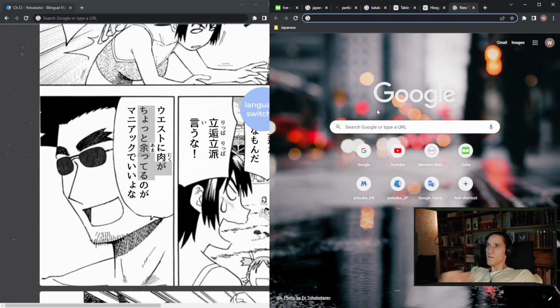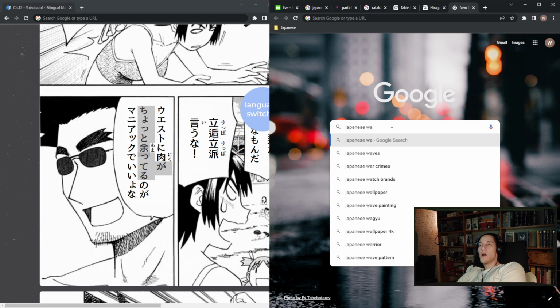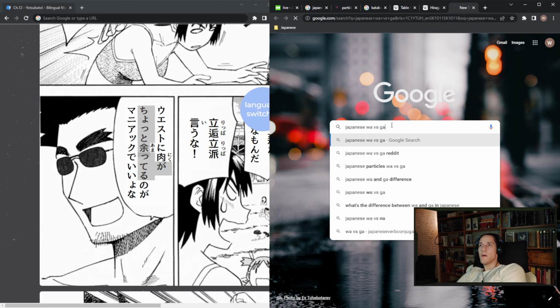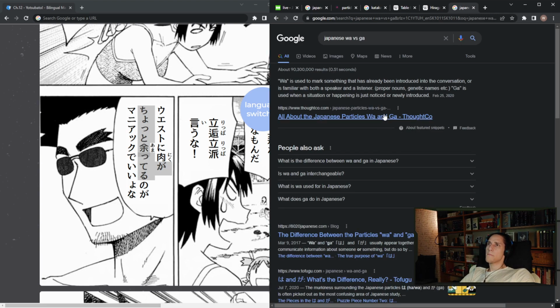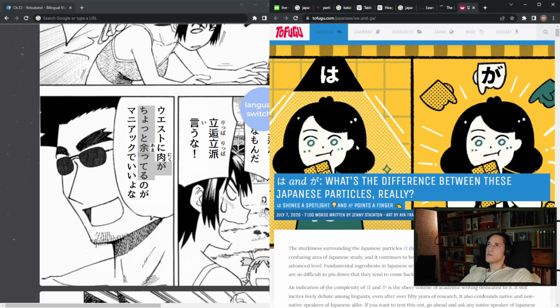Let's Google Japanese wa versus ga. I want something quick. Tofugu. This is a really good website.